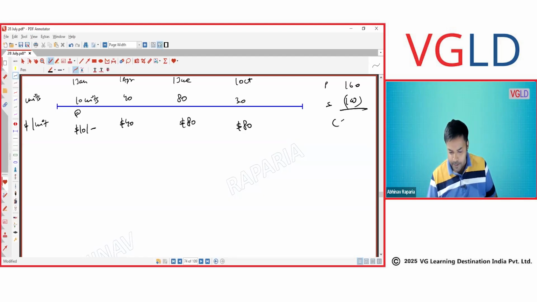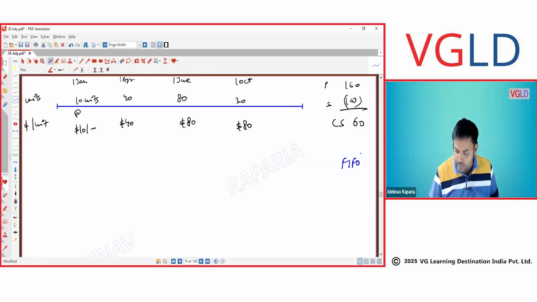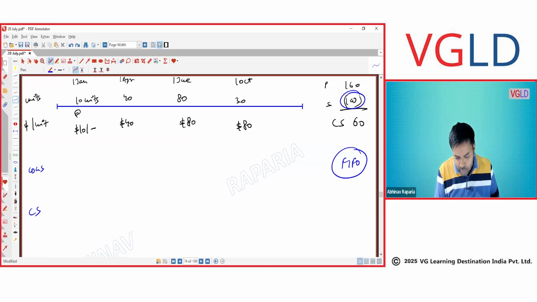Okay. Now I'm going to do it via FIFO, guys. What is going to be my COGS and the closing stock? I'm selling 100 units, so I sell first in, first out. First I'll sell this, then this, then this. So 10 will go to COGS.